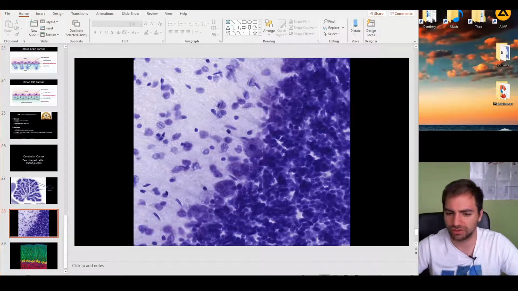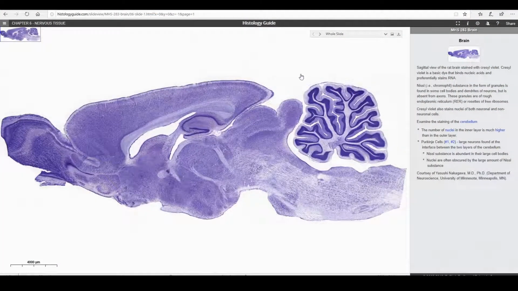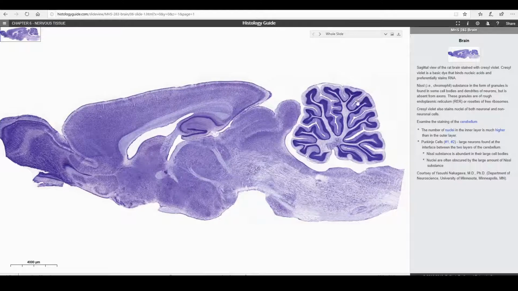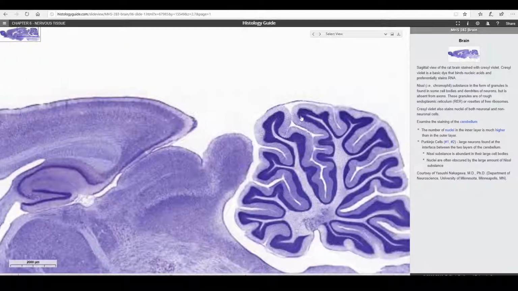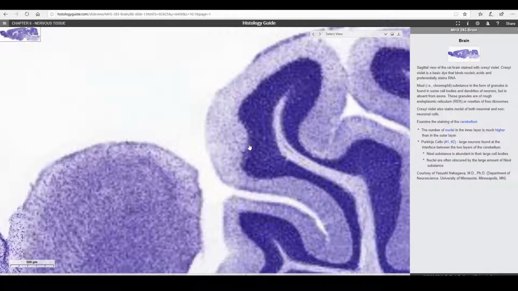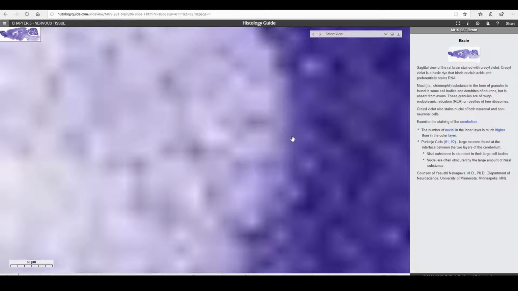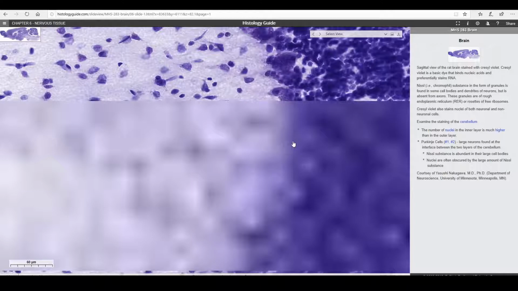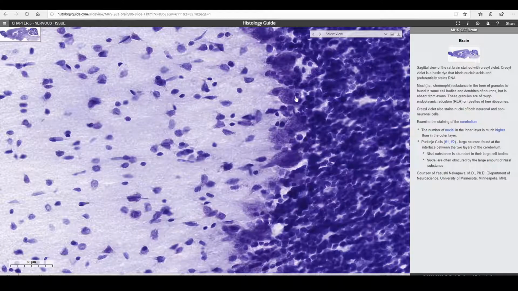Let's visualize them also in histology guide. So again, this section has the brain, and this is the cerebrum, and exactly on the right part, this is the cerebellum. If we zoom in and focus on the area in between the molecular and the granular layer, we should be able to find the Purkinje cells. So there we go. We can easily identify the very large cytoplasm of the Purkinje cell, and there's another one, and another one right here.